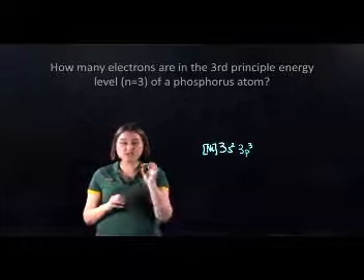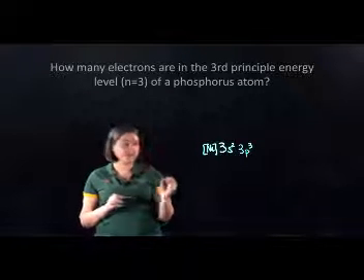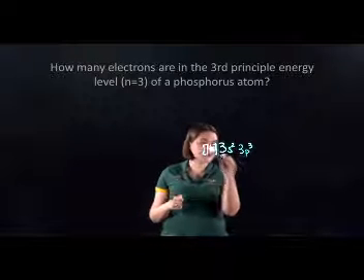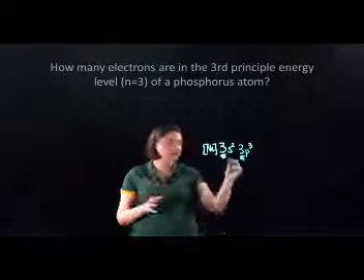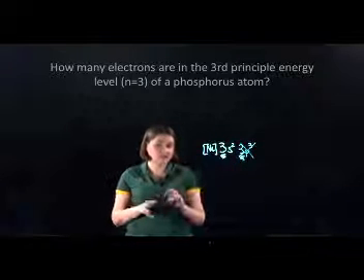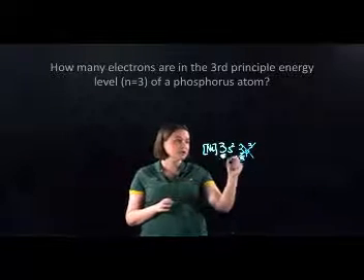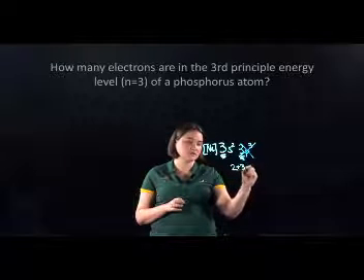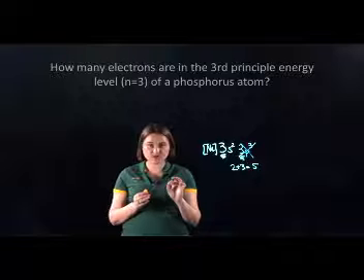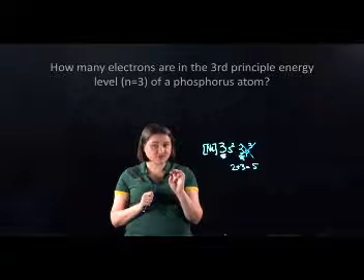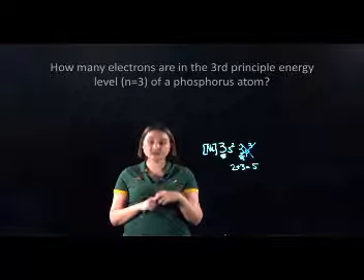Now the key word here was the third energy level, because the S and the P both are on that third energy level. So the answer is not 3 valence electrons. The answer is going to be 2 plus 3, which would be 5. So there are 5 electrons in the third energy level of a phosphorus atom.